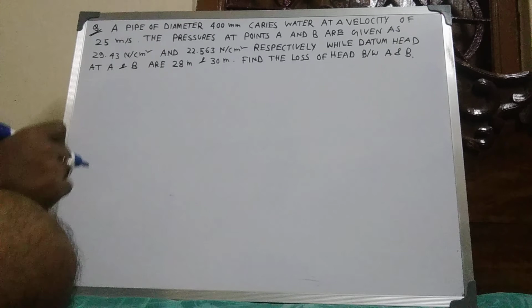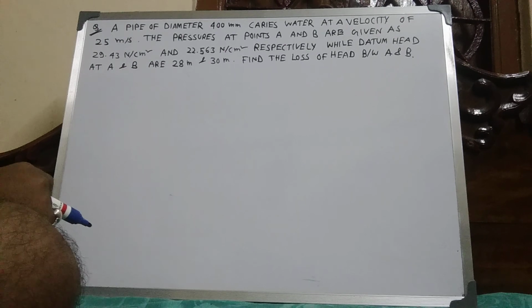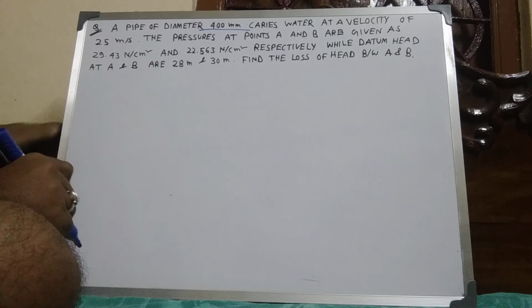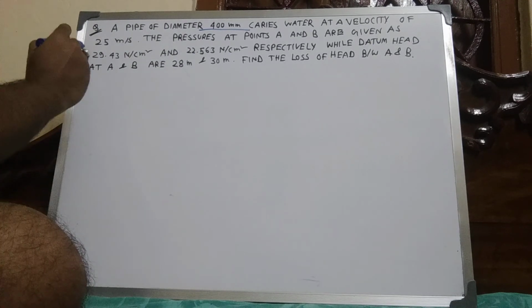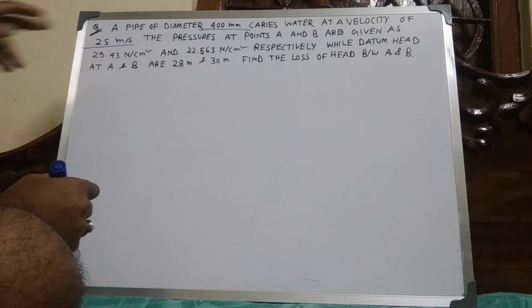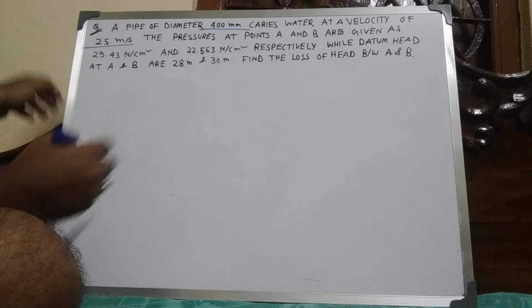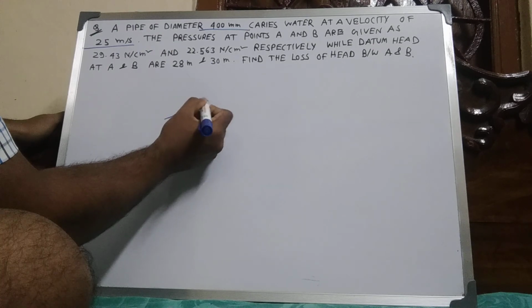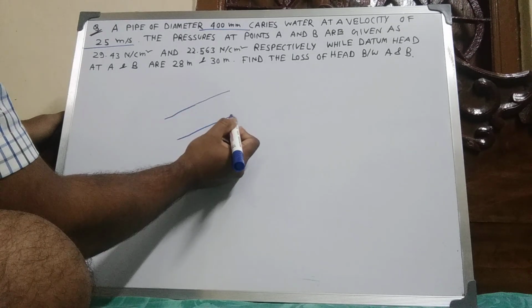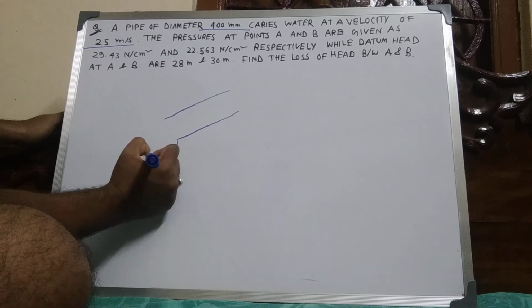Now a question. Suppose a pipe carries water, the pipe diameter is 4000 millimeter and velocity is 25 meter per second.